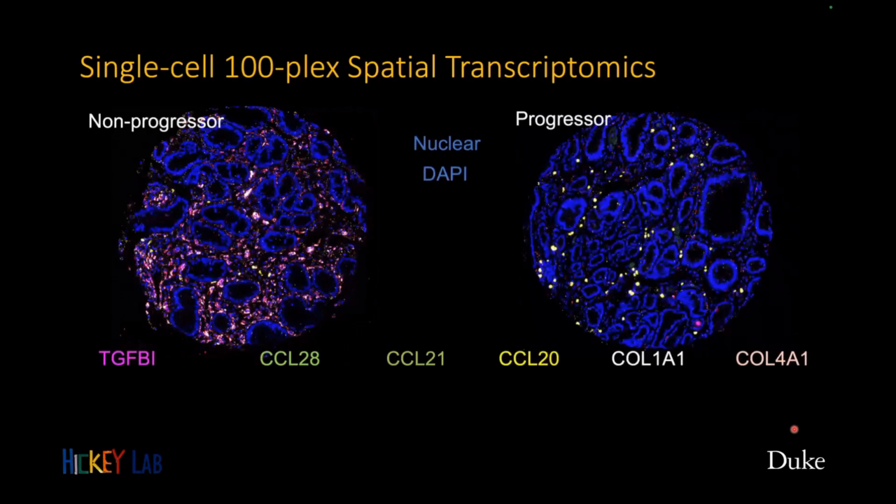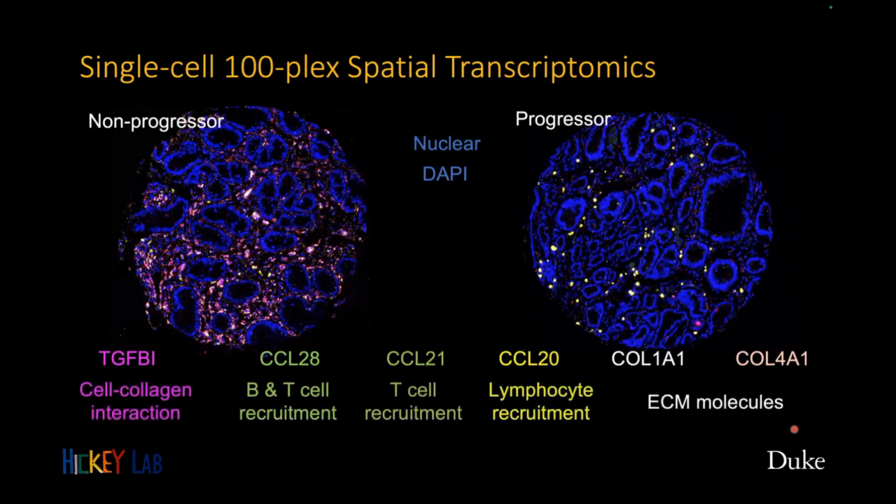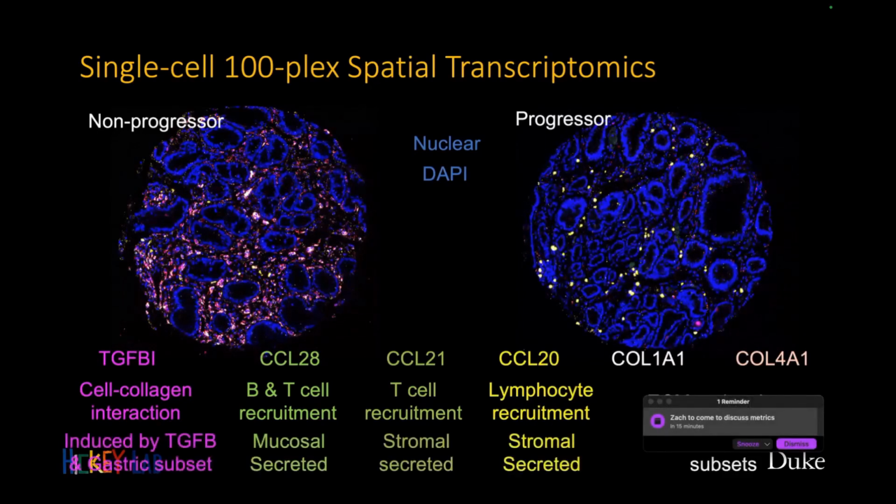Specifically, we started to look at things that might be involved in rearrangement of the stroma, things like chemokines and extracellular matrix remodelers. And here, just by plotting these in these images, you can get a sense that there's a much greater expression of some molecules in non-progressors and others in progressors.